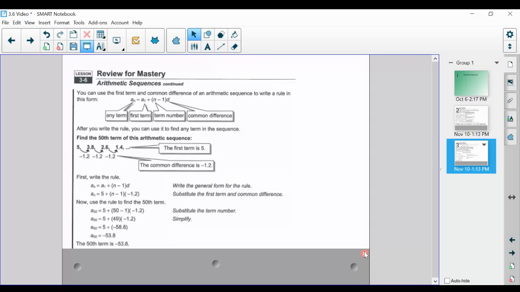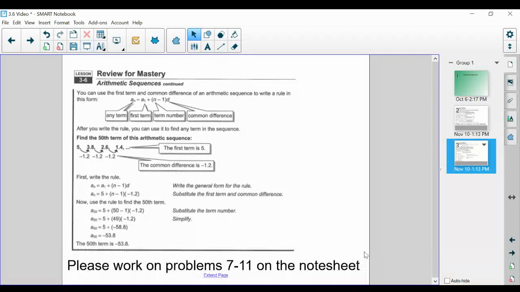And then we have our handy dandy formula, a sub n, meaning the value of the nth term is equal to the first term, a sub 1, plus the number of terms minus 1, because we're already accounting for that first term as our starting point. And then we multiply that by the common difference because we're increasing or decreasing from that first term by this amount of value. Great job, folks.